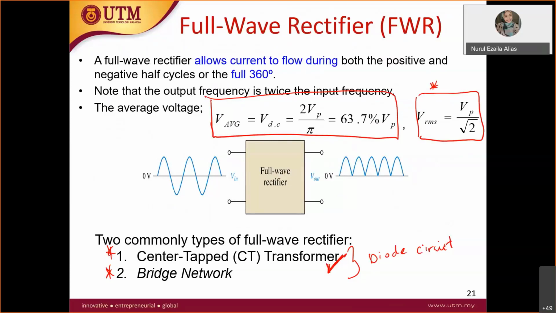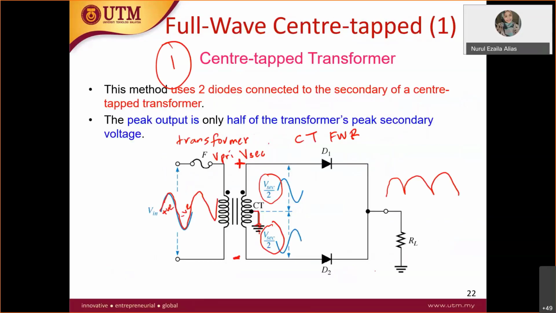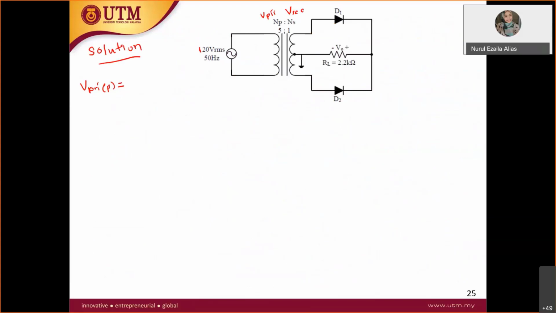Now you want to convert from RMS to peak, therefore V peak is equal to V RMS times square root 2. So you have 120 times square root 2.